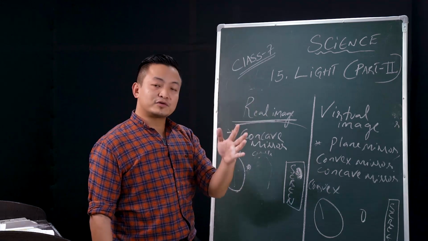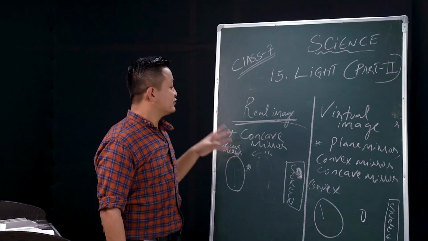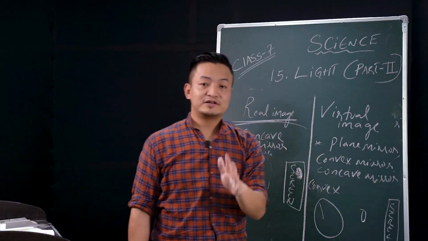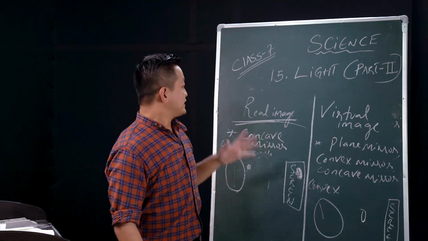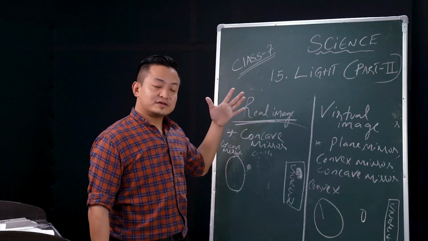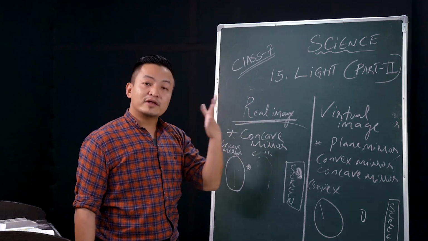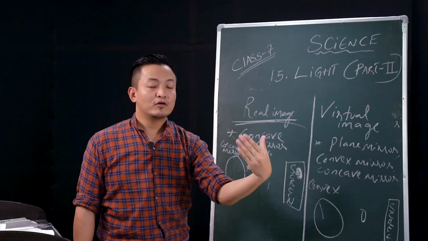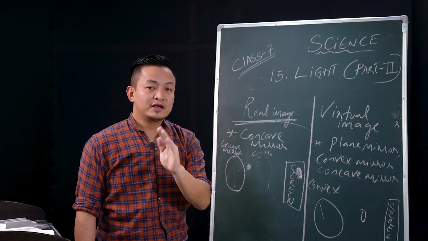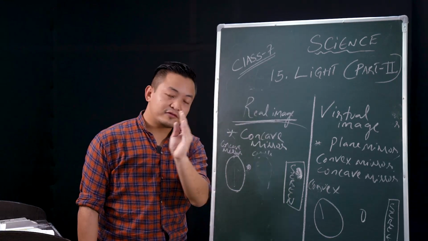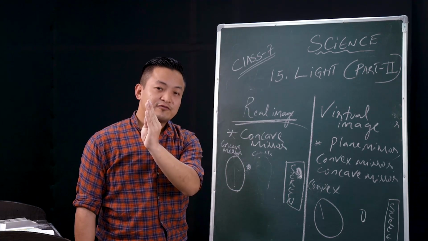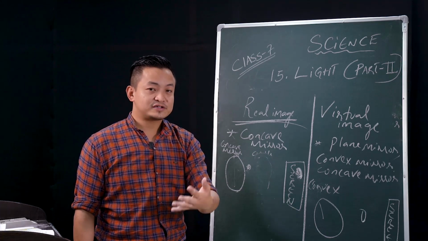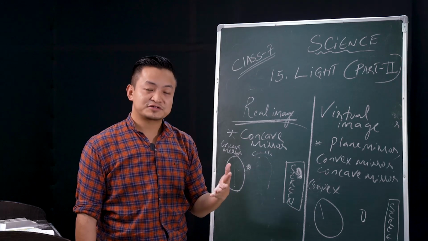And the second very important point is that real image can be projected on a screen, whereas virtual image will not. Even real image, who gives real image? Concave mirror, right? When we keep the candle far away, only then it is possible on the screen. Because if we bring the candle very close to the concave mirror, it gives us a virtual erect image. And virtual erect image does not project on the screen.